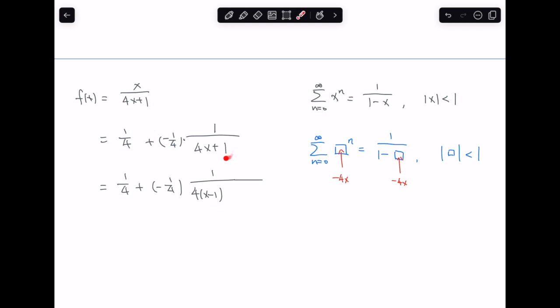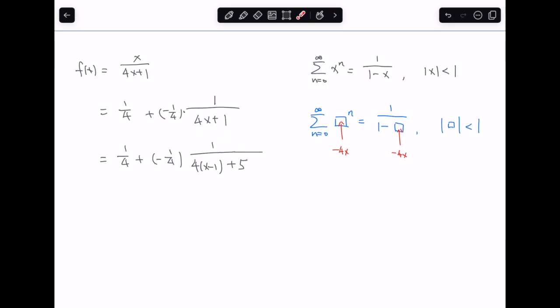So instead of plus 1 here, we should have plus 5. So now we can calculate 4x minus 4 plus 5 is exactly the same as 4x plus 1. But by doing so, although we have created this x minus 1, at the same time you have lost the 1 here, which is in the template, right? So you need to recreate this one in order to be able to use the template. We talked about that.